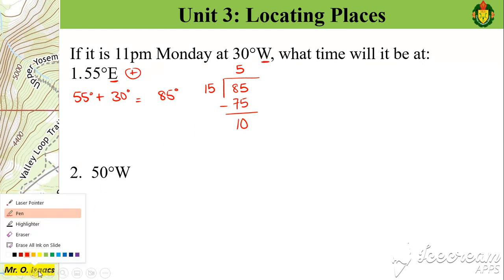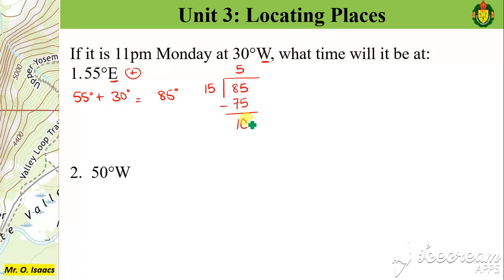So now you're going to multiply this 10 degrees by 4. Once you multiply it by 4, you're left with 40. So in total here we have 5 hours and 40 minutes.